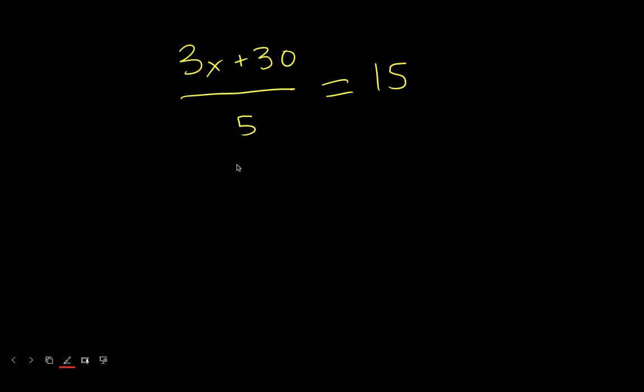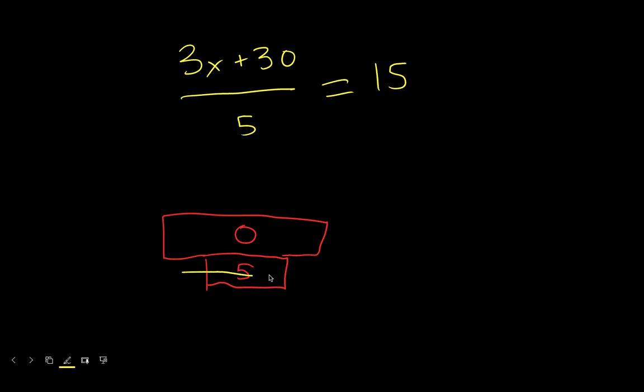So think about this as like blocks. So one block is 5. And then the other one is 3x plus 30, but we'll represent that as a circle. When the 5 goes to the other side, it cancels out.